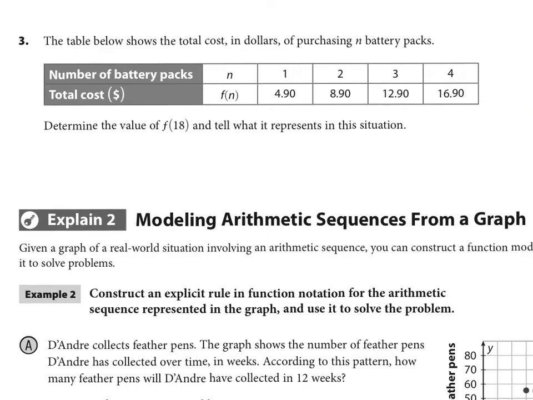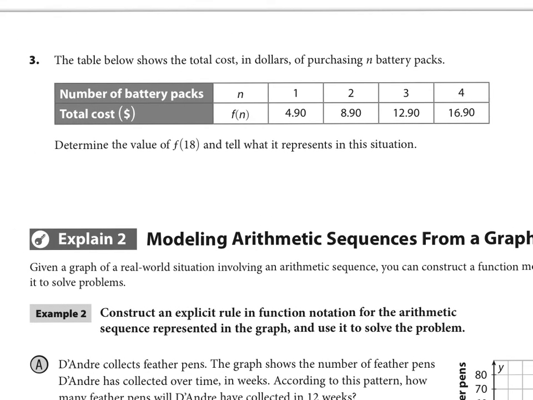So here's another one. The table below shows the total cost in dollars of purchasing N batteries. Okay, so let's get our equation first. Let's see what's happening. These have decimals, so sometimes you may have to use the calculator with decimals, but this one's not bad. Every time I'm adding 4.